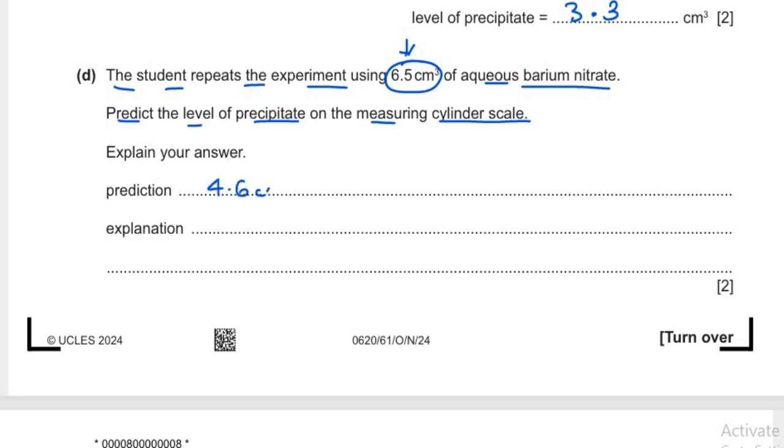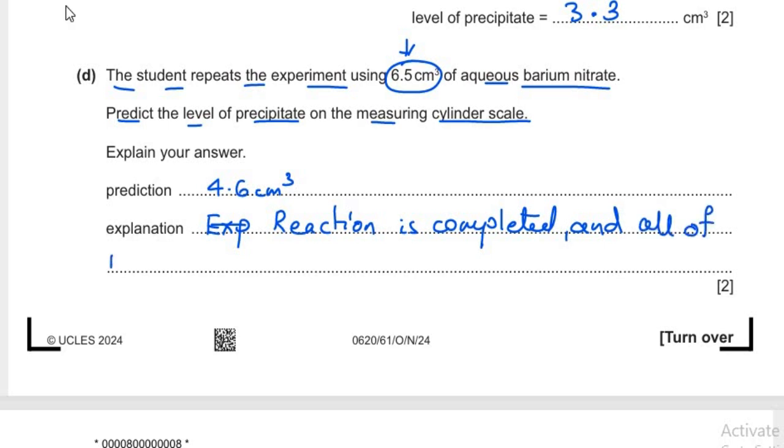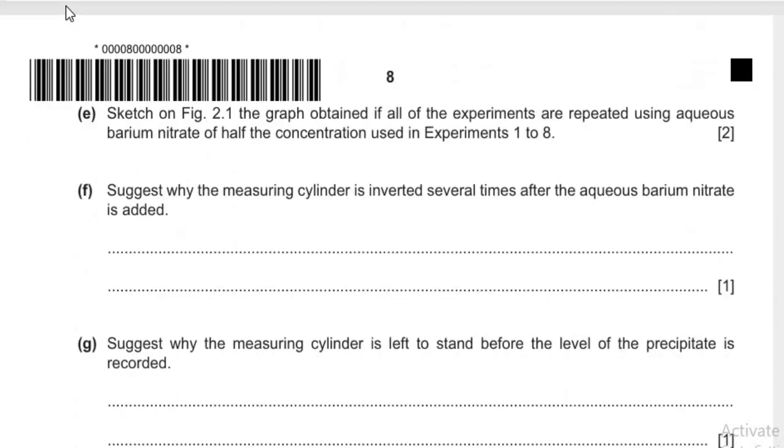So 4.6 centimeter cube of the precipitates will be seen, and the reason is that the reaction is over, the reaction is completed, and all of the magnesium sulfate has reacted. So it's over now, magnesium sulfate has fully reacted, and so no more precipitates will be added on to 4.6 centimeter cube.